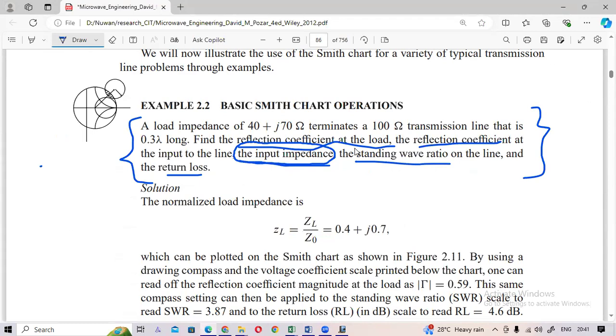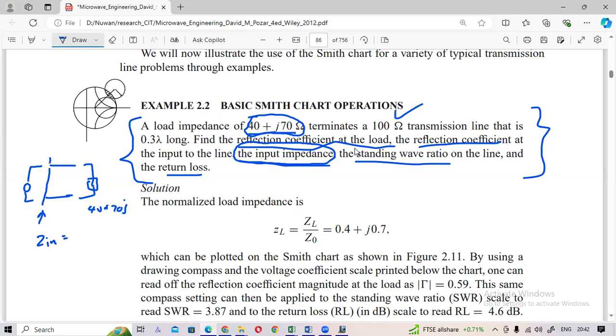According to this one, there is a source, and the source is connected to the transmission line, and there is a load. This is the load, 40 plus 70j. If you consider a dipole antenna, as I can remember, this kind of impedance is there. So you can use the Smith chart, and there is another way to calculate this.